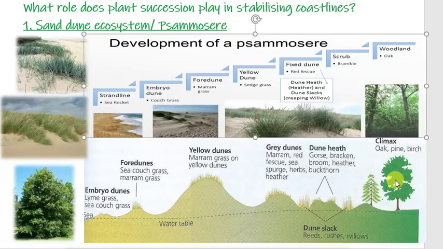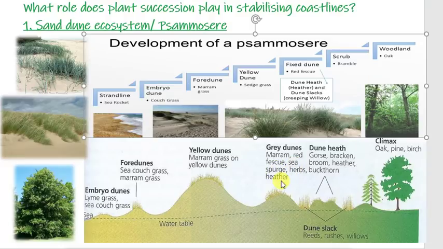Alright, so marram grass can tolerate salty, dry conditions. They then, by growing, change the environmental conditions, and we're going to look at how in the lesson, to allow red fescue, sea spurge, herbs and heather to grow.